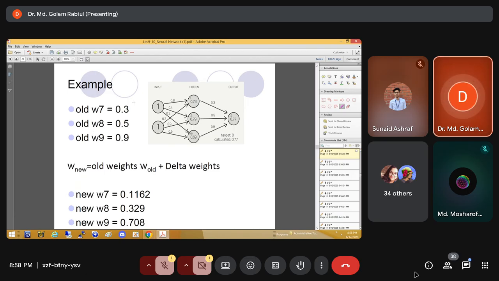So that's why it is written here. That is 0. The previous value. These are the previous values of W7, W8, and W9: 0.3, 0.5, and 0.9. Now the new weights will be the previous weights plus the delta weights. The previous weight, we can see, is 0.3, plus the delta weight.